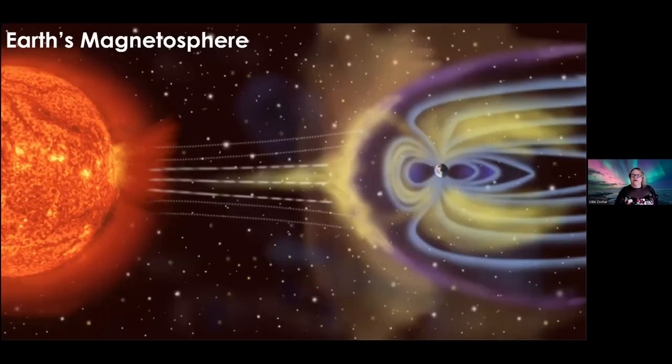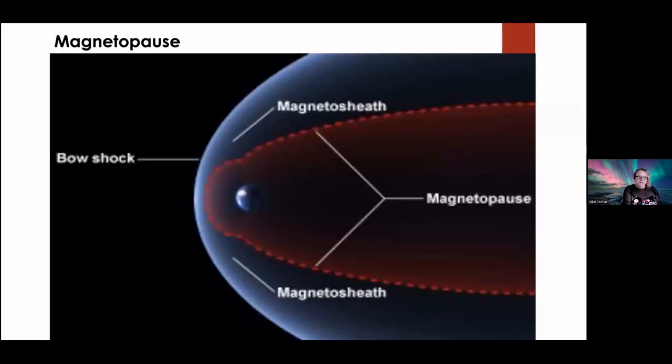So you can see the Earth, and you can see these yellow and purple lines around the Earth, which represent the magnetic flux lines around the Earth. And if we go here, the boundary between the solar wind and the Earth's magnetic field is called the magnetopause.